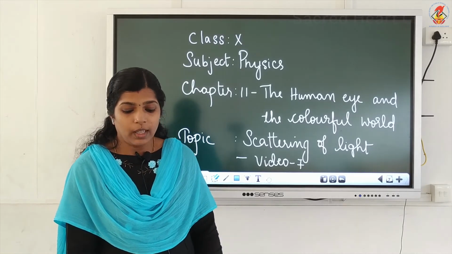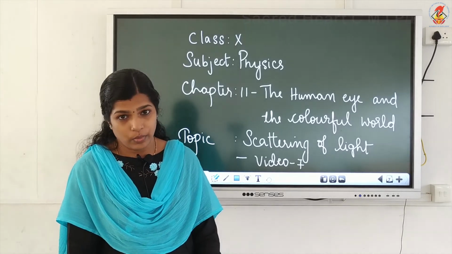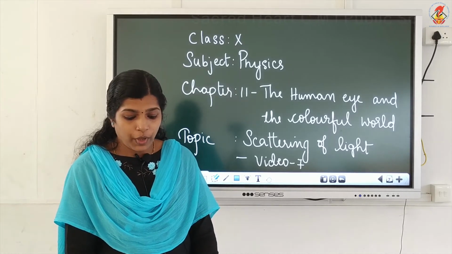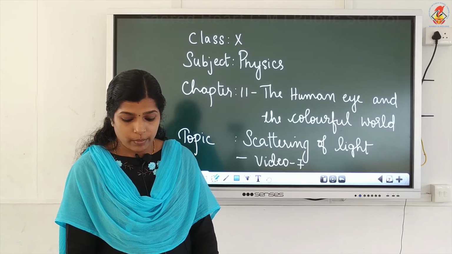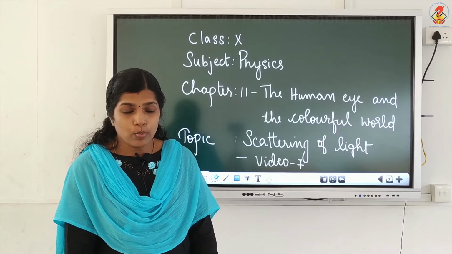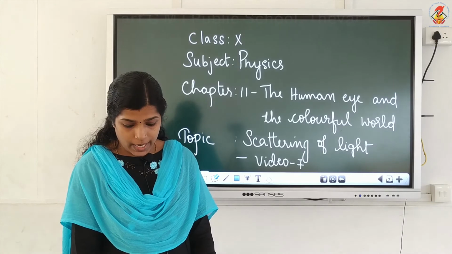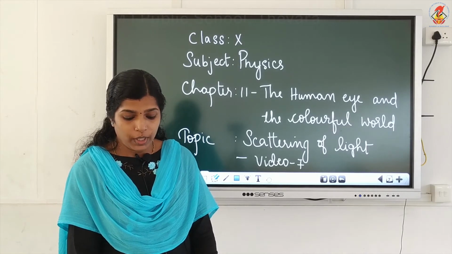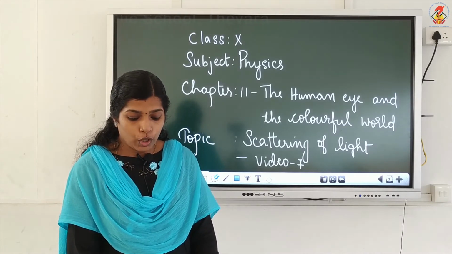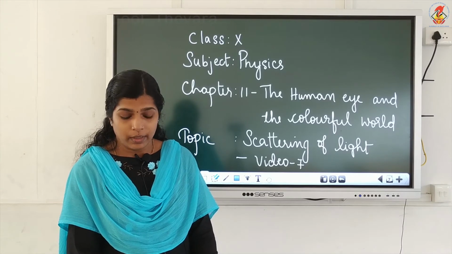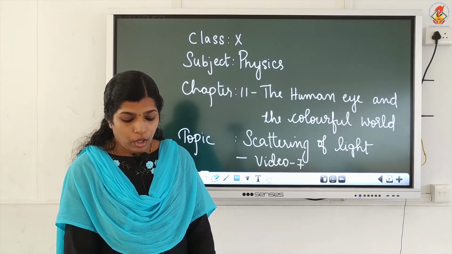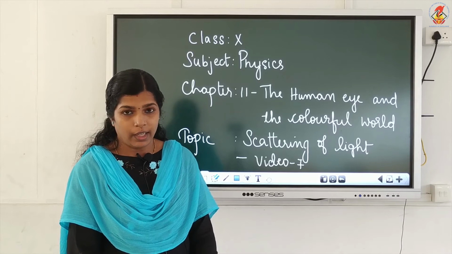Now, why the color of the sky appears blue? The molecules of air and other fine particles in the atmosphere have size smaller than the visible light. These are more effective in scattering of shorter wavelength at the blue end than the longer wavelength at the red end.